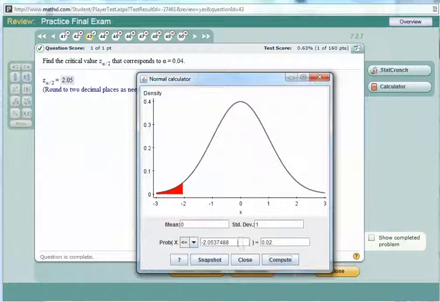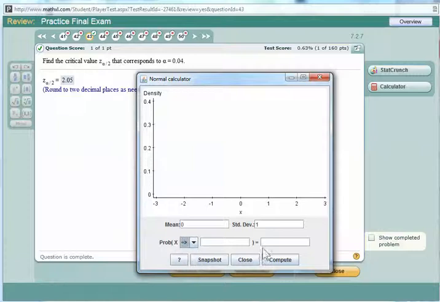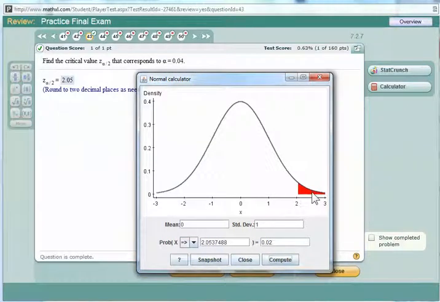But if I wanted to pin 2% on the top, that could have been done if I would have just turned the curve around, turned the shading around, right? So it would be up here. Unfortunately, the calculator and the table can't do this. This is why I like StatCrunch so much. It's a nice feature. First of all, it's giving you the graph right in front of you. It's showing you all the key points.